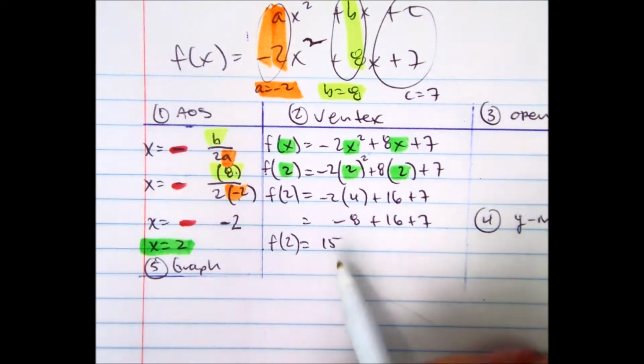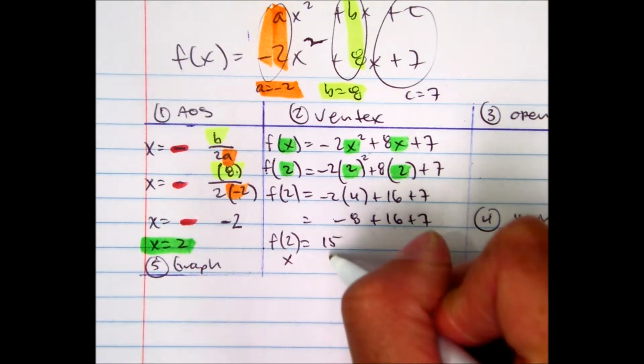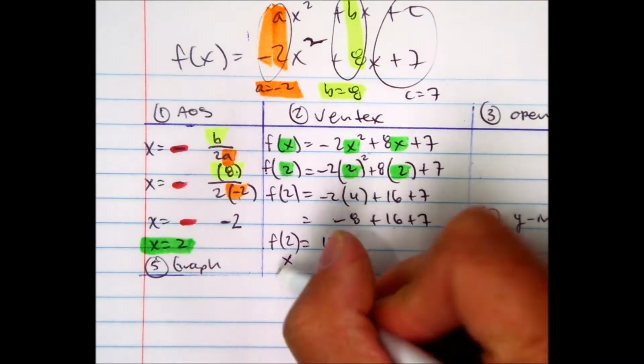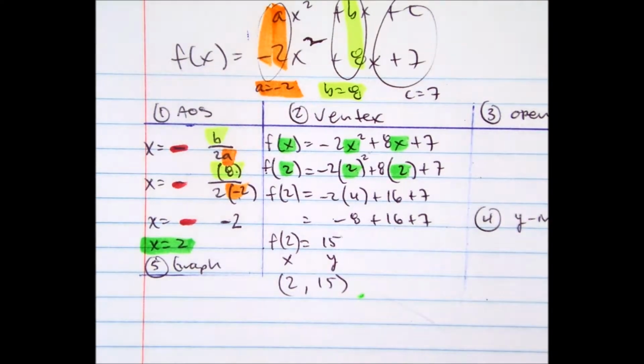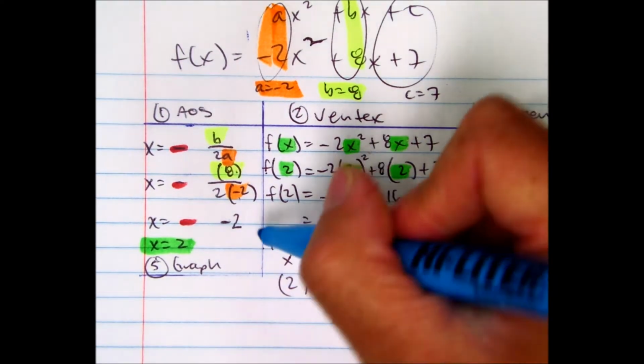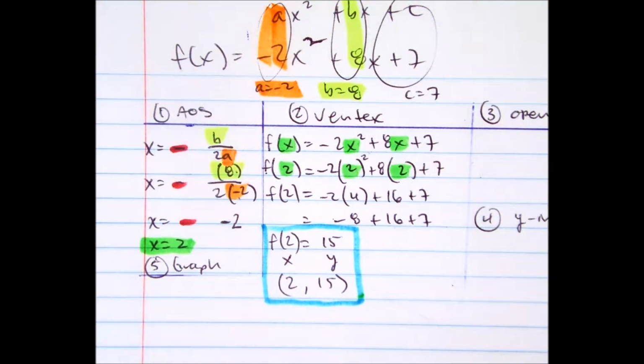This is function notation. What's inside the parentheses is an x. This value out here is a y. So my ordered pair is 2, 15. So what we're doing here is we're getting kind of like 4 hints to help us graph that quadratic equation.